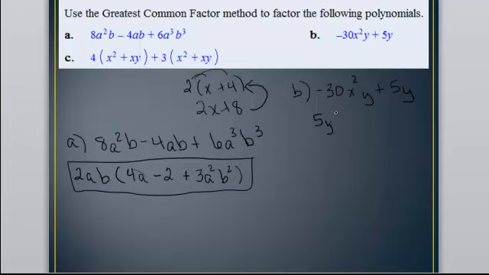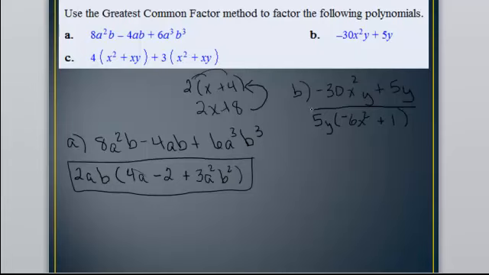If you factor out a 5y from negative 30 x squared y, you'll be left with a negative 6 and an x squared, because 5y times negative 6x squared is negative 30x squared y. What about when you factor a 5y out of a 5y? You just get a 1, because 5y times 1 is 5y.